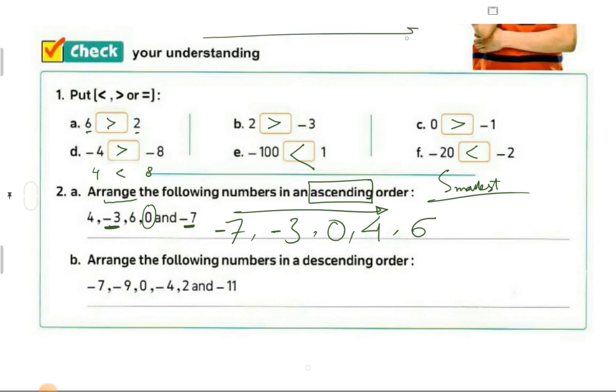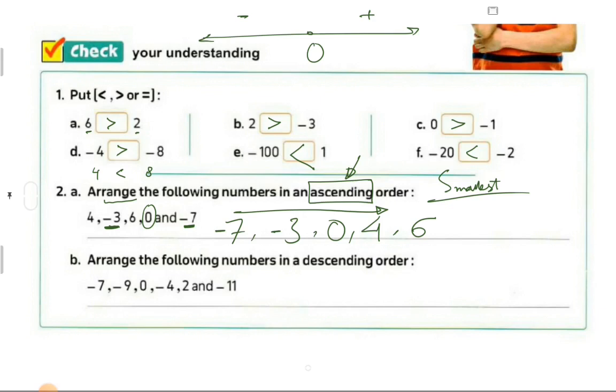On the number line, we have here 0, here positive, here negative. Okay, we start from the negative part to 0 and to positive integers. You have arranged these integers in ascending order.